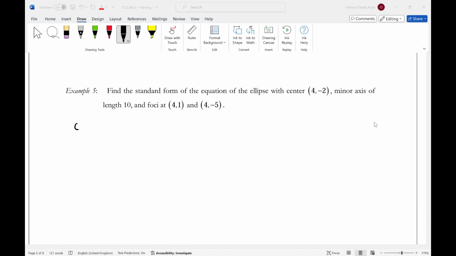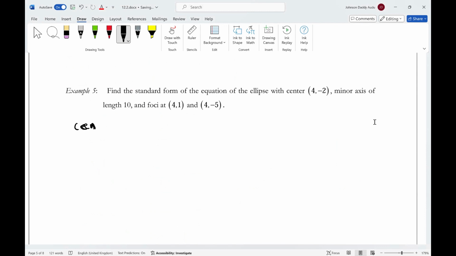So this question says we want to find the standard form of the equation of the ellipse. The center is given as 4 and -2.